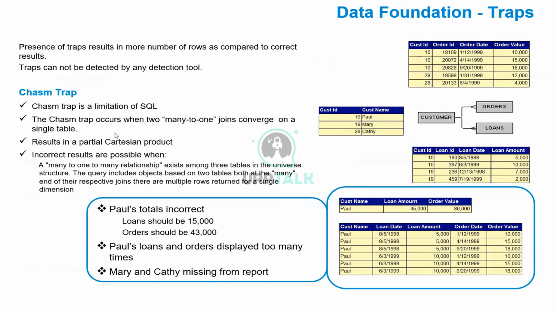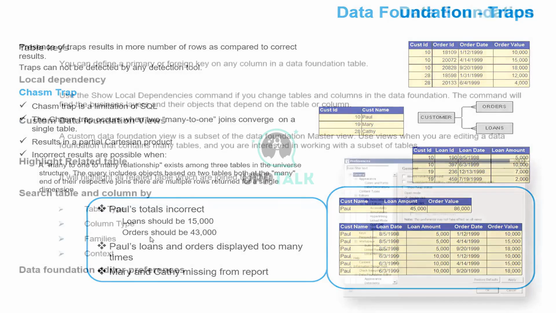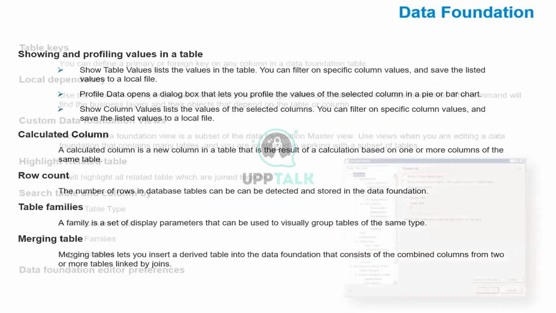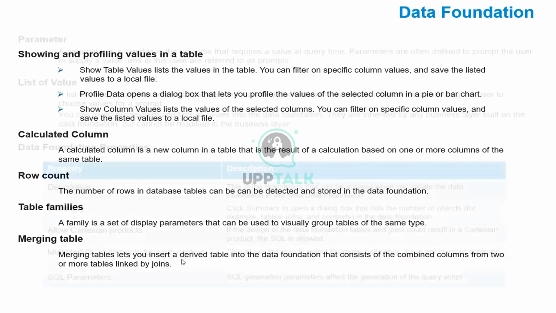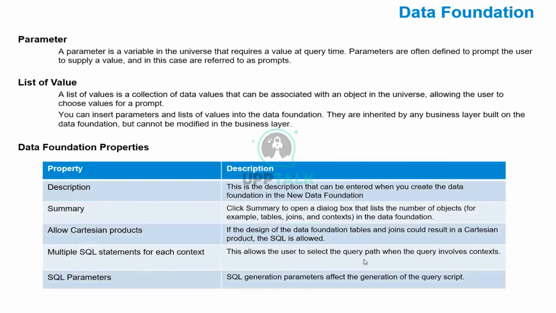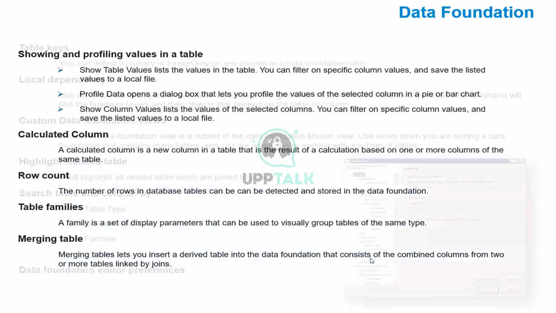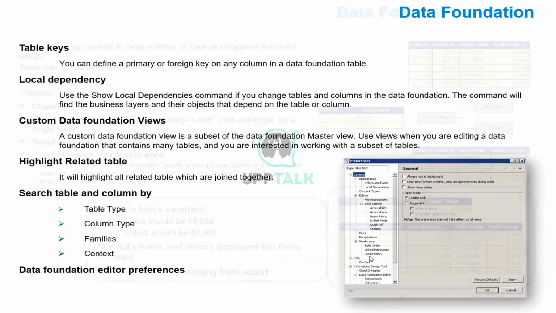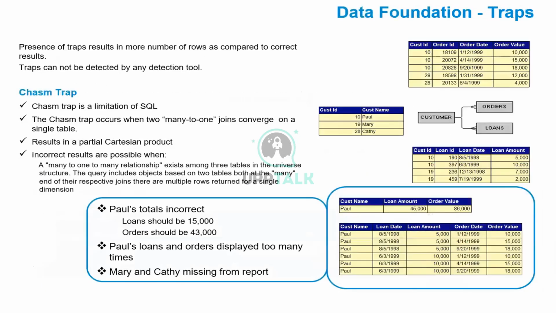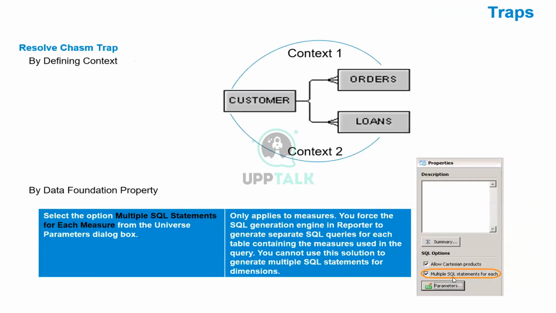To avoid that trap, as here we have this option, multiple SQL statement for each context. If we click on this, we can resolve that chasm trap context problem. As I told you already, that can be resolved by defining context.